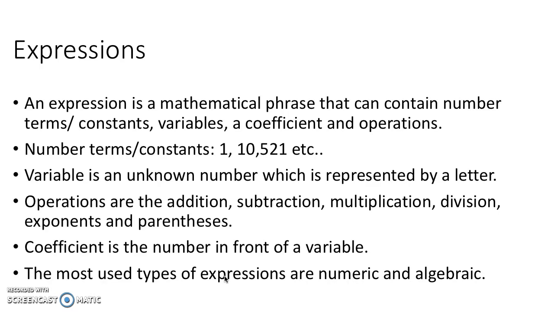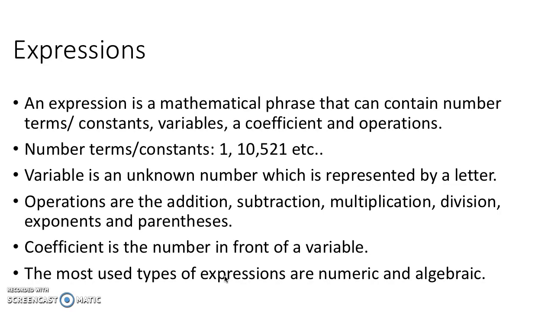Variables are an unknown number represented by a letter. Usually it's X, you see a lot of that. A, V, pretty much any letter can be used as a placeholder for an unknown number. Operations are addition, subtraction, multiplication, division, exponents, and parentheses. Coefficient is a number in front of a variable.